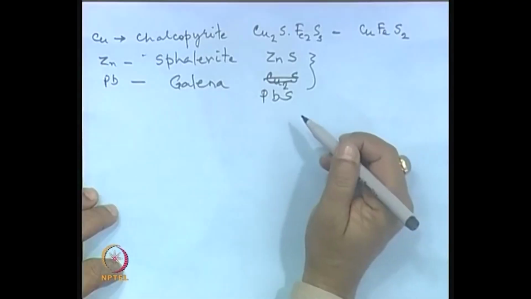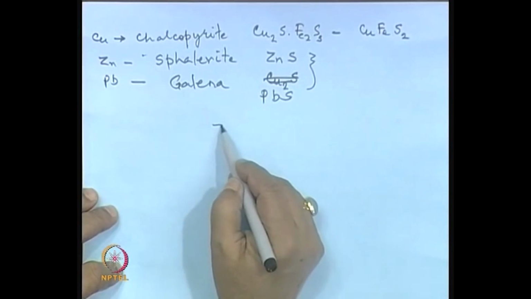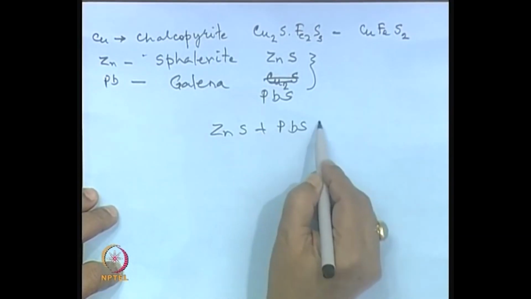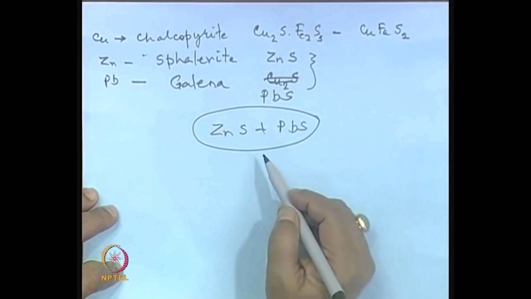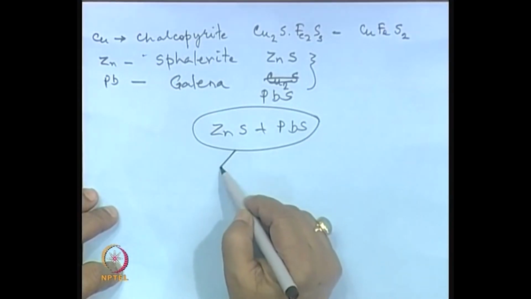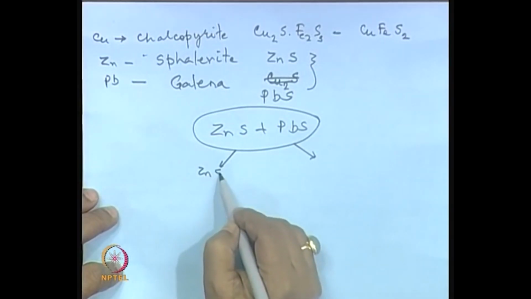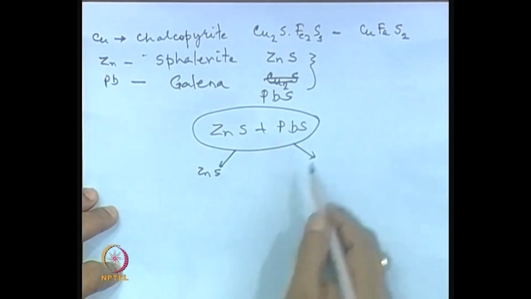Now, you know the sulfide deposits are found in Rajasthan. That is why we have the zinc plant in Udaipur. Now, it so happens that in the deposits where we have both ZnS and PbS, we can have a concentrate rich in ZnS separated out by differential flotation.